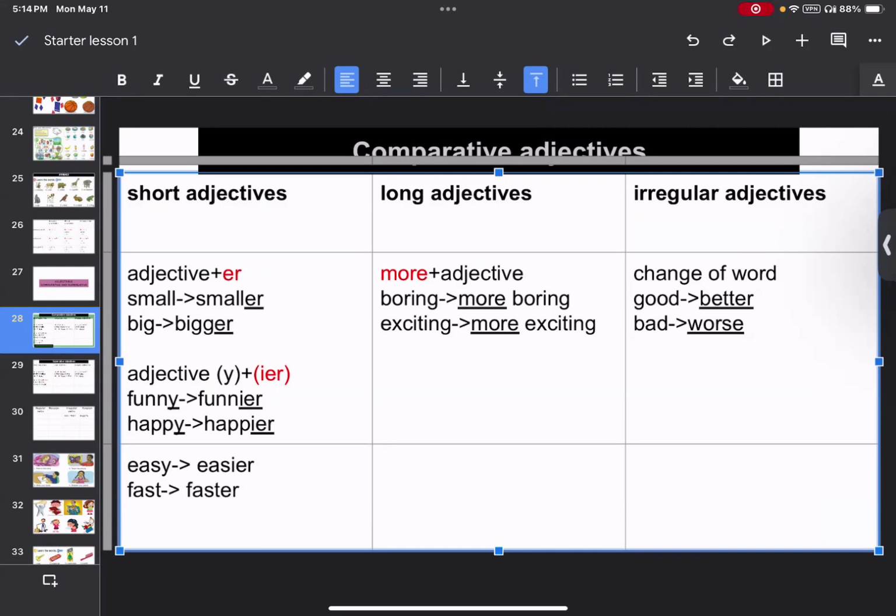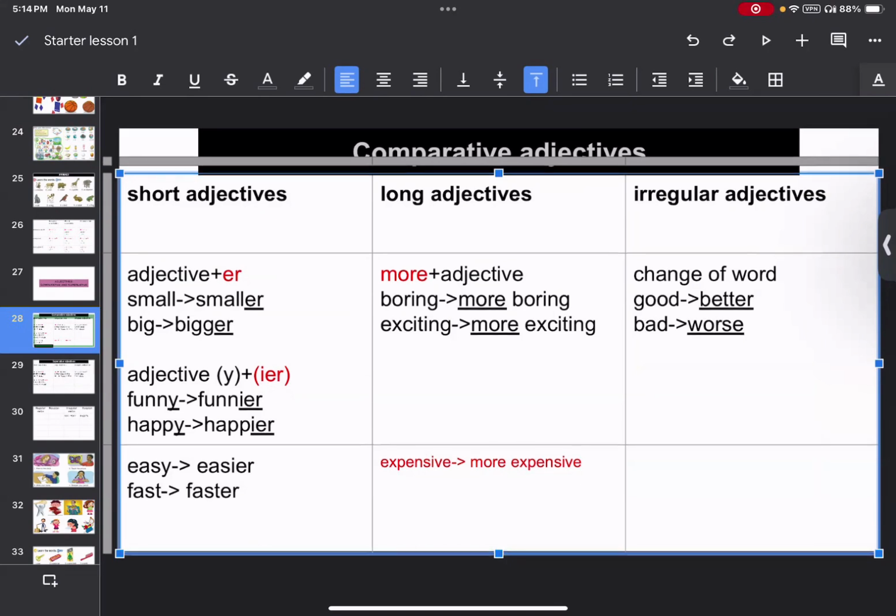Then the next was expensive. Long. Expensive, more expensive. Then we had hungry. Long? It's actually short.